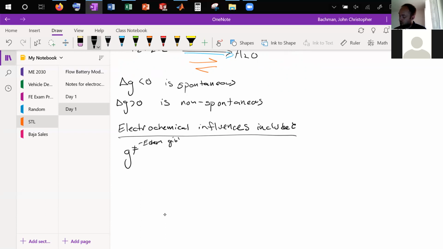I'll just use the deltas for now, because we're going to take our normal Gibbs free energy and add in a term nFE. And this is the charge in the half reaction. And they should be the same in both, otherwise the system won't cancel. This is Faraday's constant.